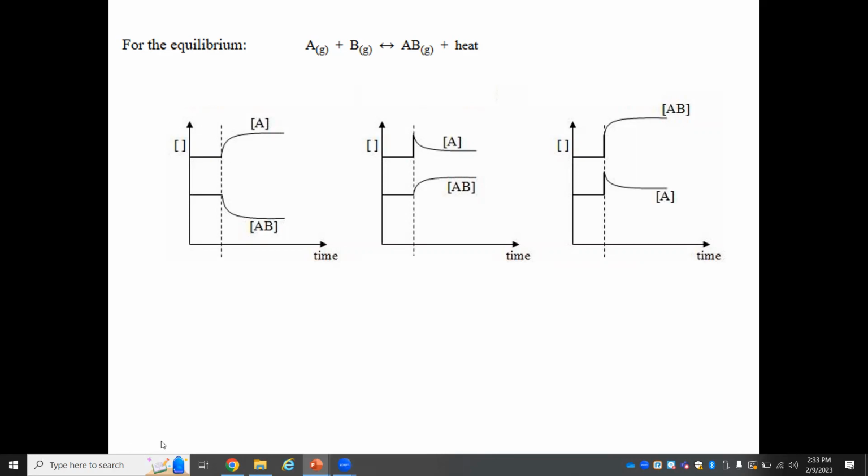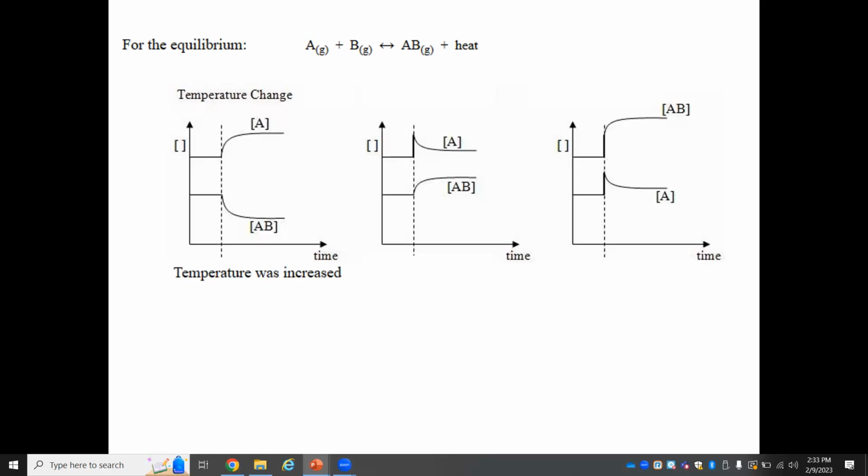Anytime you see a gradual change in both substances, it is representing a change in temperature. So we increase the temperature, which is going to shift towards the left, shift towards our reactants. So our product decreased over time and our reactants increased over time.